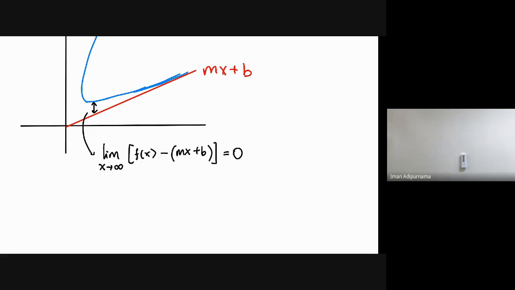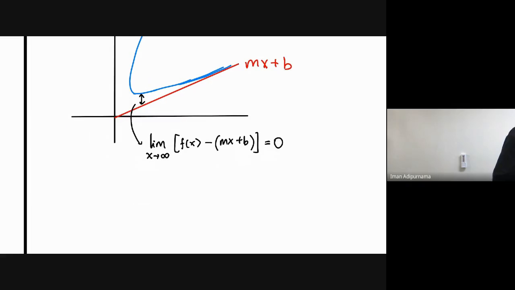And then how to find the slant asymptote? Okay, the slant asymptote usually will appear because of rational functions.